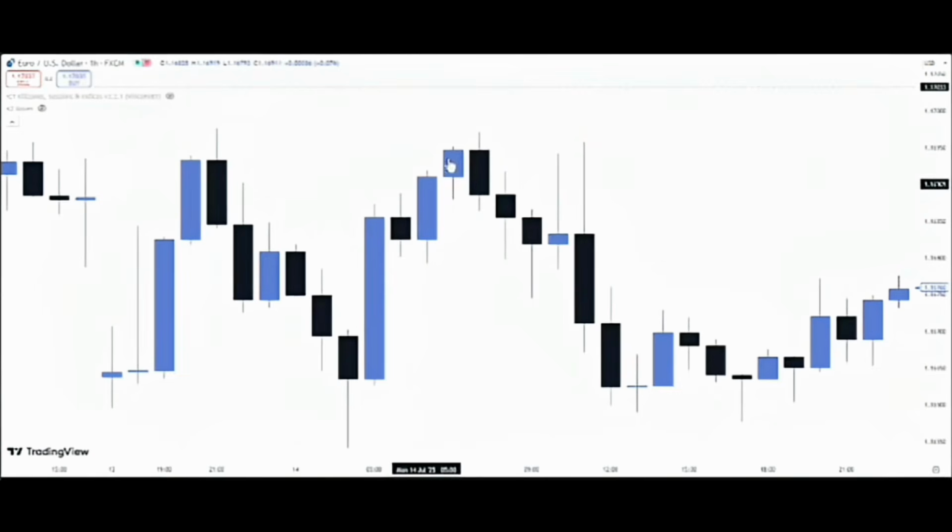Look, price was going higher, and then the bulls continued higher, and then all of a sudden the bears jumped in, pushed price lower, and then came down to this point, and then the buyers woke up again and jumped into the market to push price higher, but they were not able to go beyond this point. At the end of the day, the sellers closed with this strong bearish presence compared to the wick below and wick above. This should tell you that price will continue to go down.